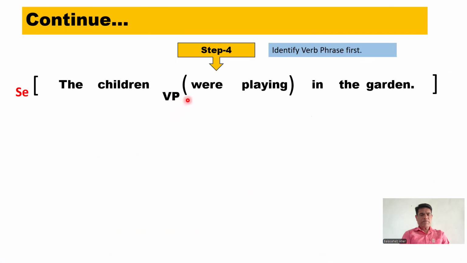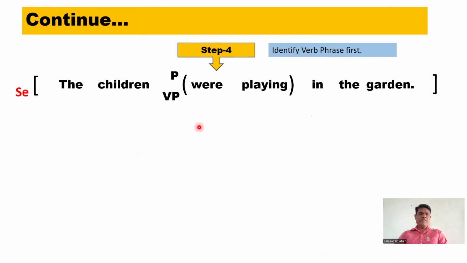Now we have to give the function label to this phrase. And as I told you, when we write verb phrase, it will always have the function label as P because it acts as predicator. So whenever we write verb phrase here, automatically we have to write predicator P, without bothering anything. So this is done, verb phrase is done.